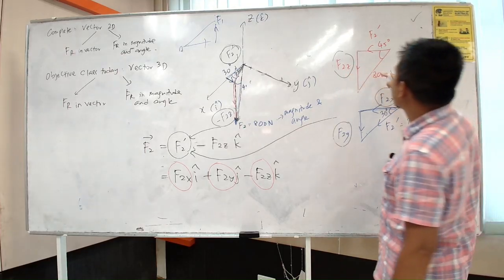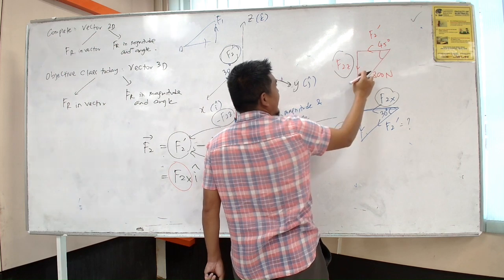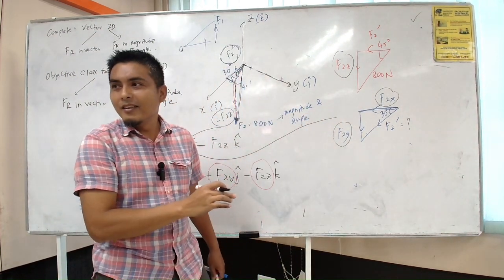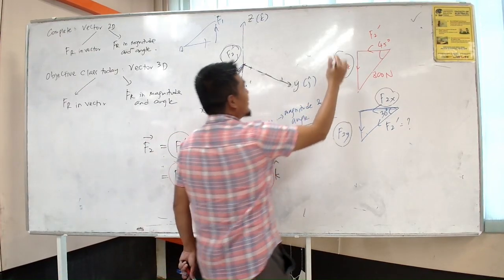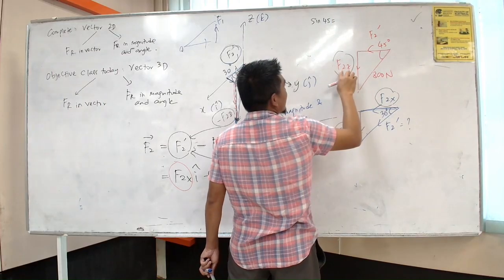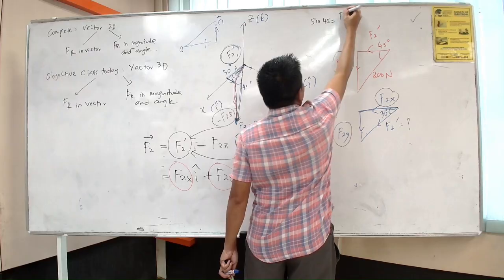The F2z, what is the formula you can use? Cos or sine? Sine. You can use sine. Sine 45 equal to F2z divided by 800.